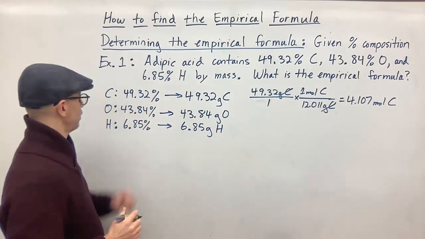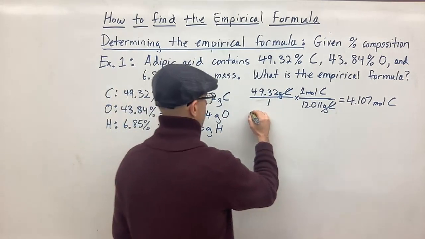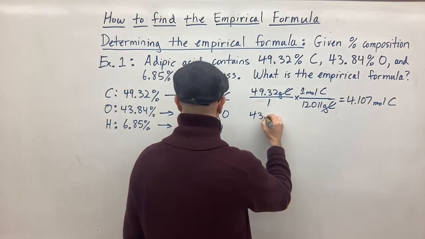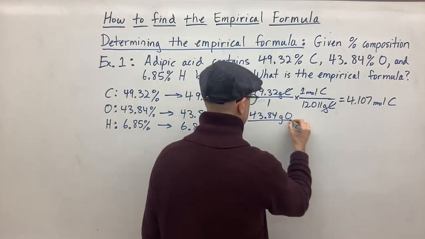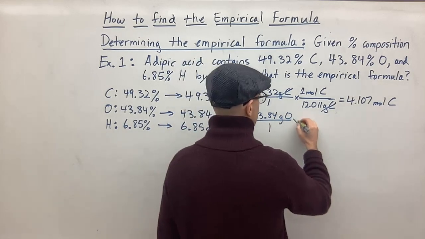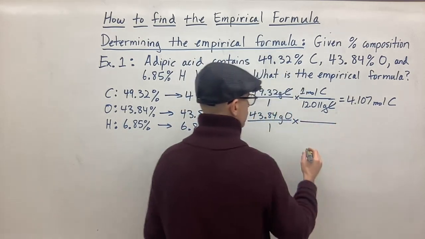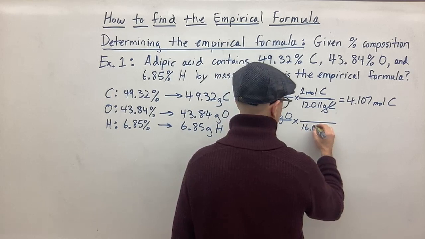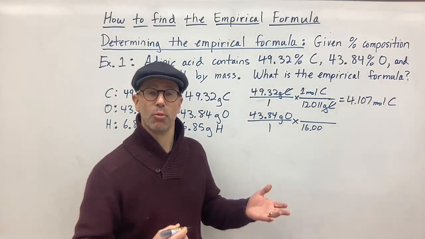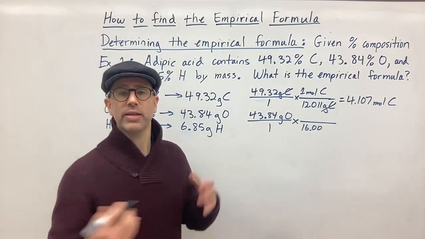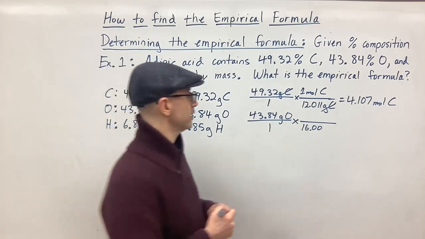I do the same thing for oxygen. So I have 43.84 grams of oxygen over 1. The molar mass of oxygen is 16, so 16.00, or your periodic table might say 15.9994. It doesn't matter if you round that.